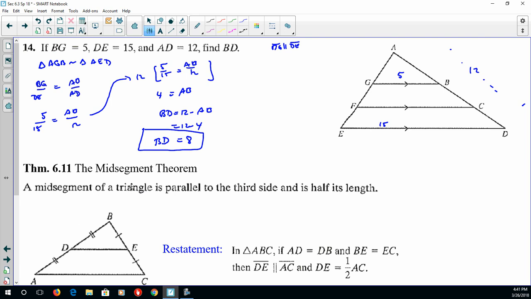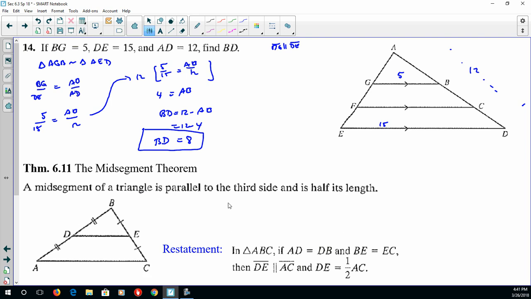Now, a mid-segment is, if you have some sort of polygon here, the line that joins two adjacent midpoints.